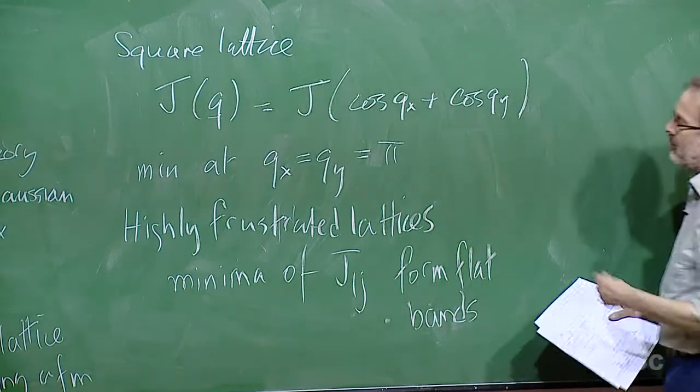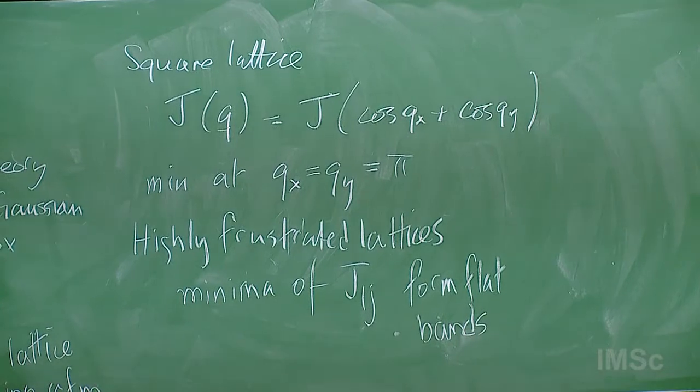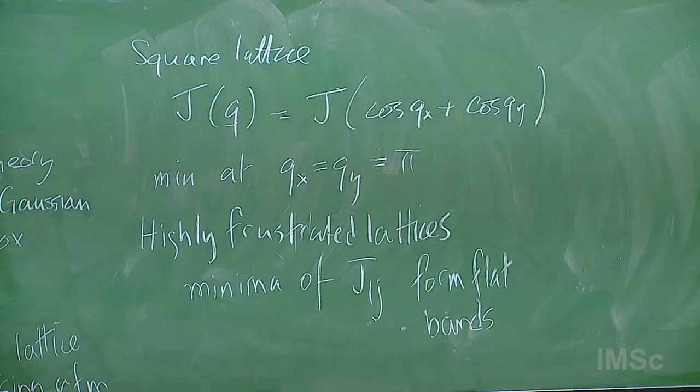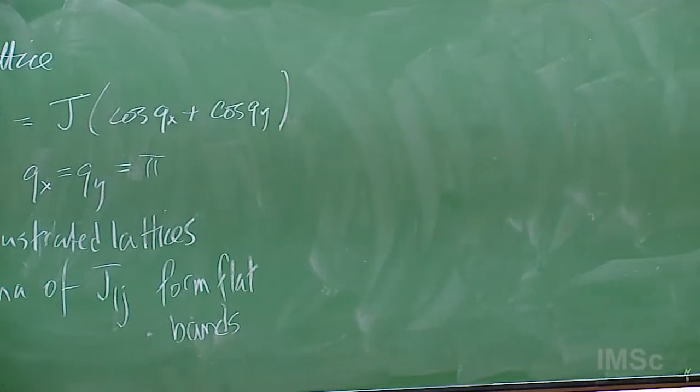So in other words, you have a macroscopic degeneracy. And you can see that that's generally going to be true for the corner-sharing lattices that I was discussing this morning. If you think about the eigenvalue problem there.